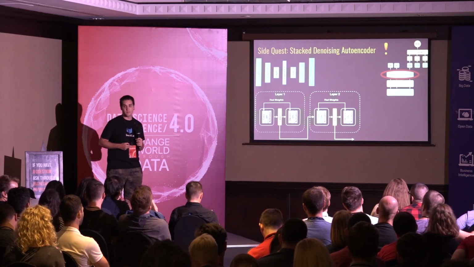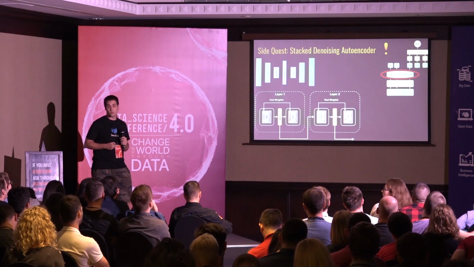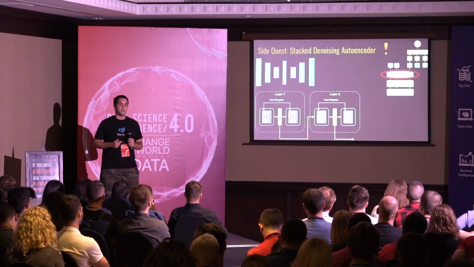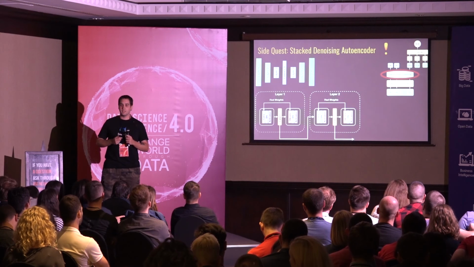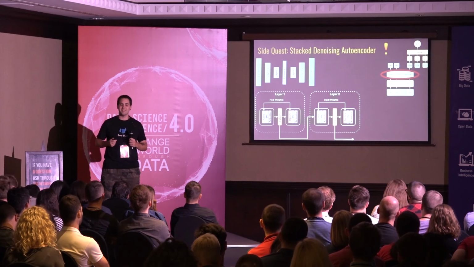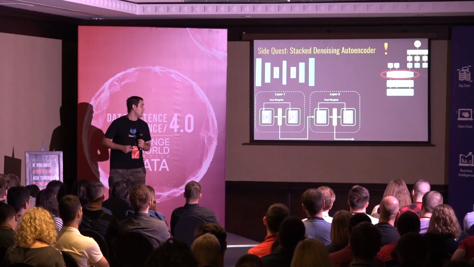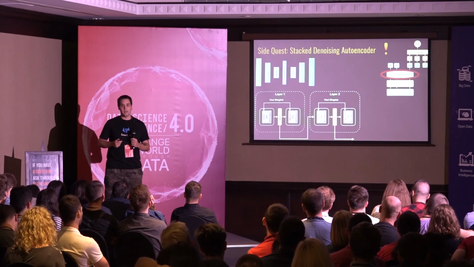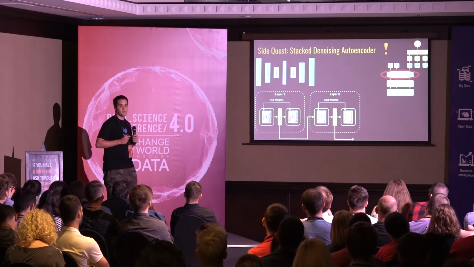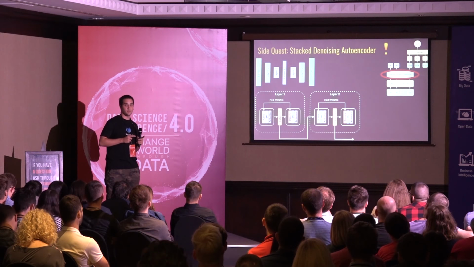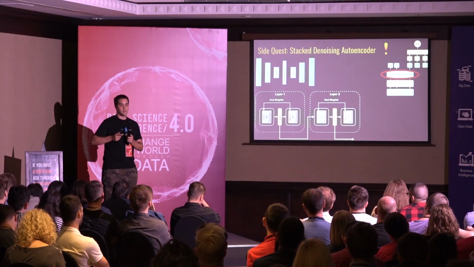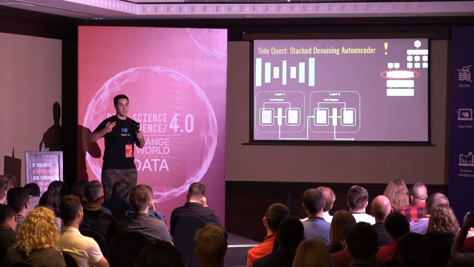The second side quest of autoencoders is the stack denoising autoencoder. This is basically the same as all autoencoders, but it trains differently. It trains layer by layer. For example, here we have the first layer, which has an input image, one encoder layer, and one decoder layer, and it reconstructs the output image.